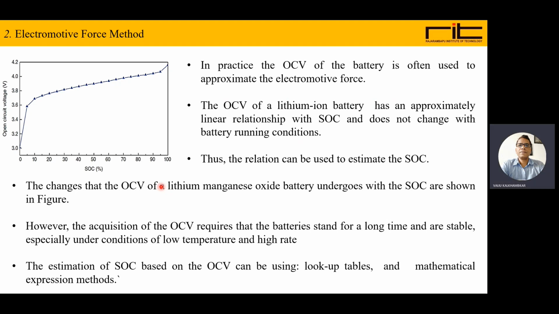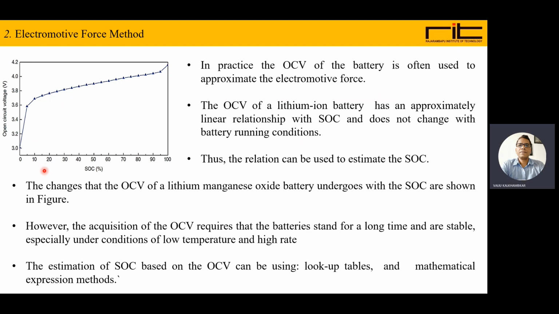Electromotive force method of the state of charge. In practice, the OCV of the battery, as shown here, is often used to approximate the electromotive force, that is the open circuit voltage.